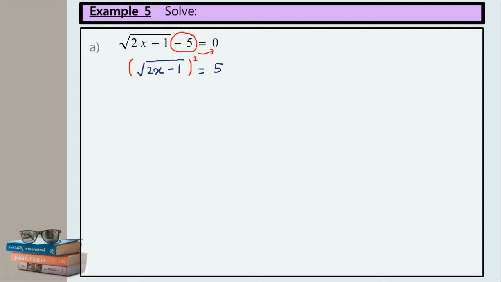Okay, semua dekat belah kiri, kita buat bracket kuasa 2. Kat belah kanan pun sama, bracket kuasa 2. Okay, so we can see here, we have surd squared. That's why, surd tu akan hilang terus lah. Okay, so we have 2x minus 1 equal to 5 squared, 25.